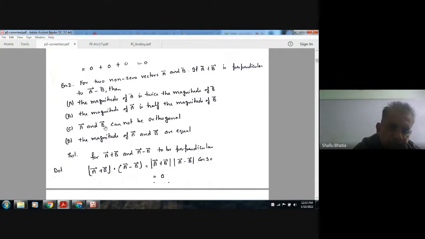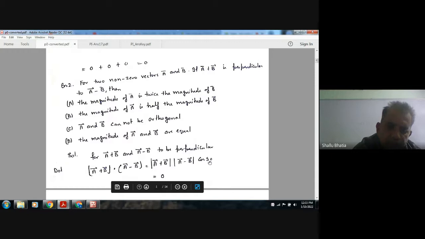Now, A plus B and A minus B are perpendicular to each other. So their dot product should be 0, because the dot product is given by the magnitude of vector A plus B times the magnitude of vector A minus B times cos 90.